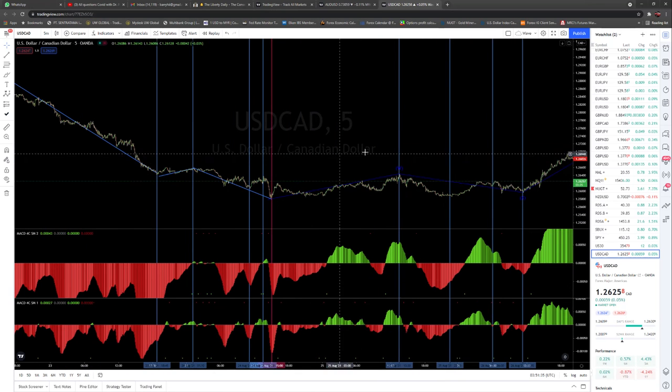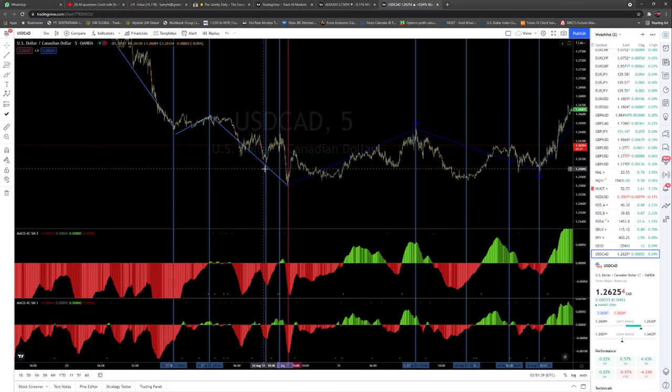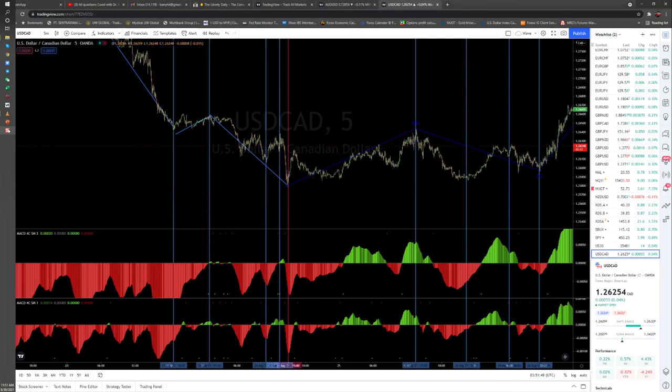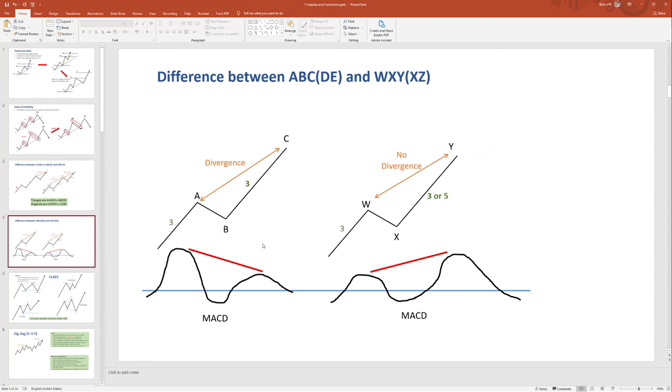Right? If we blow it up, within this C wave we can have 1 wave, 2 wave, and 3 wave. Okay, which looks more like an ABC as well. Is ABC the one having a divergence?